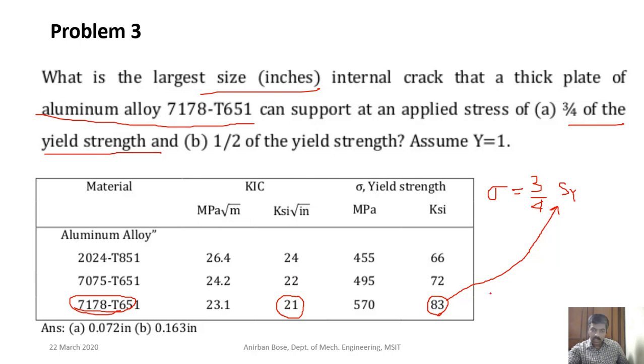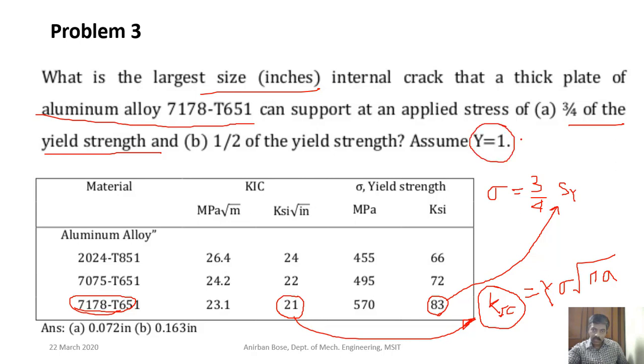So write the formula. K1C, because this is again the situation when it is just going to propagate, equals Y sigma √πA, where K1C is 21, that is the fracture toughness, Y is 1, and sigma is 3/4 of SY, where SY is 83.